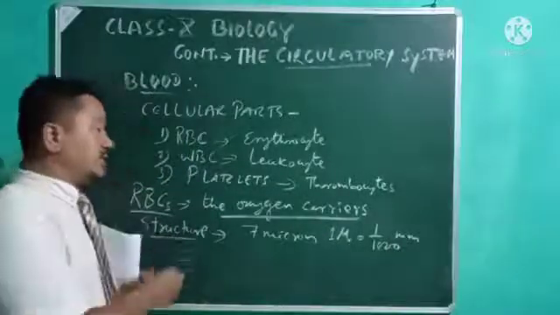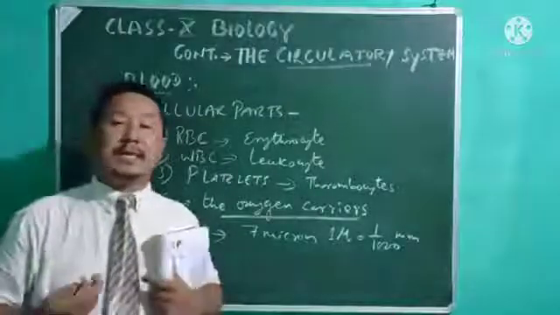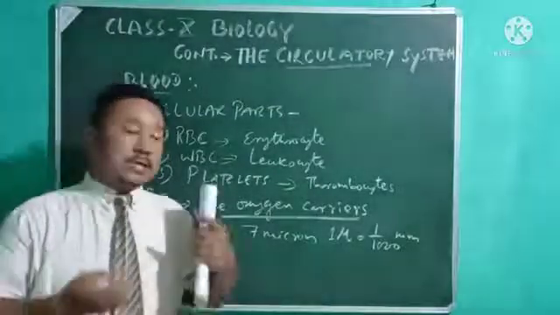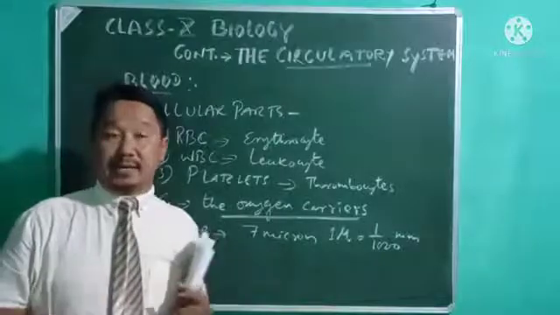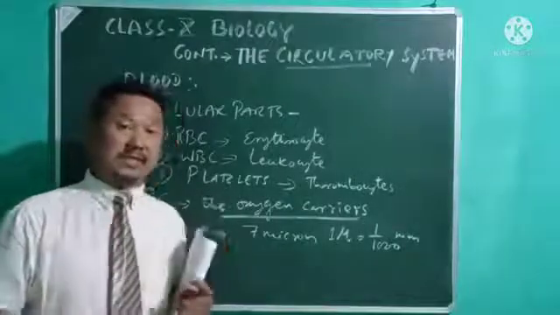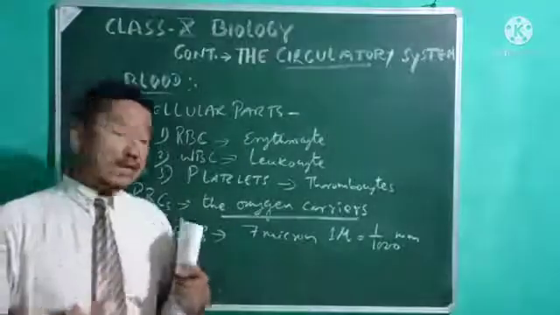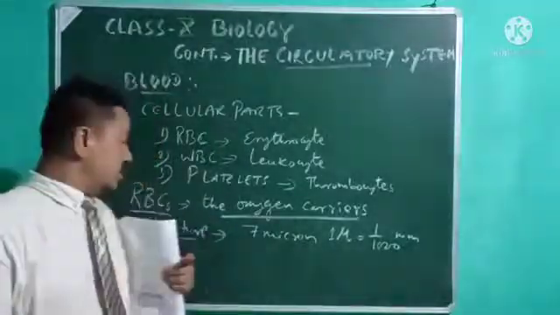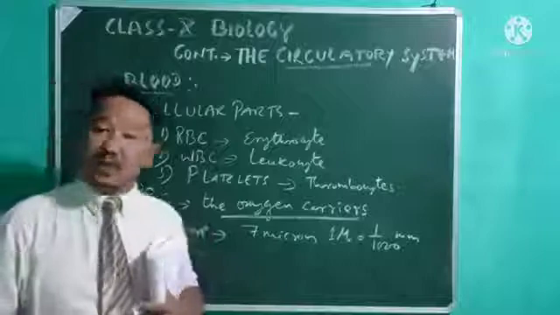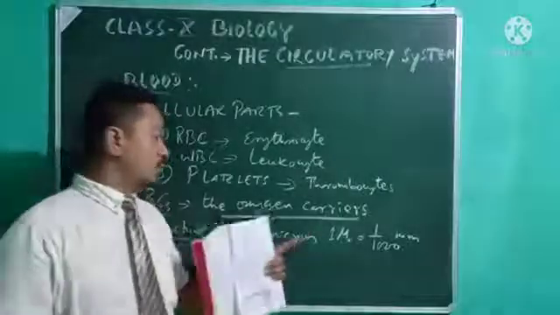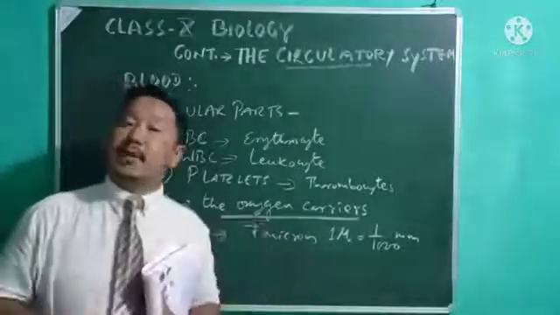Rather, we can say that this is the smallest cell in the body. The smallest cell in the world means your bacteria. They are the smallest ones. But as far as the body cells are concerned, your RBCs are the smallest ones. So 7 micron in its diameter.